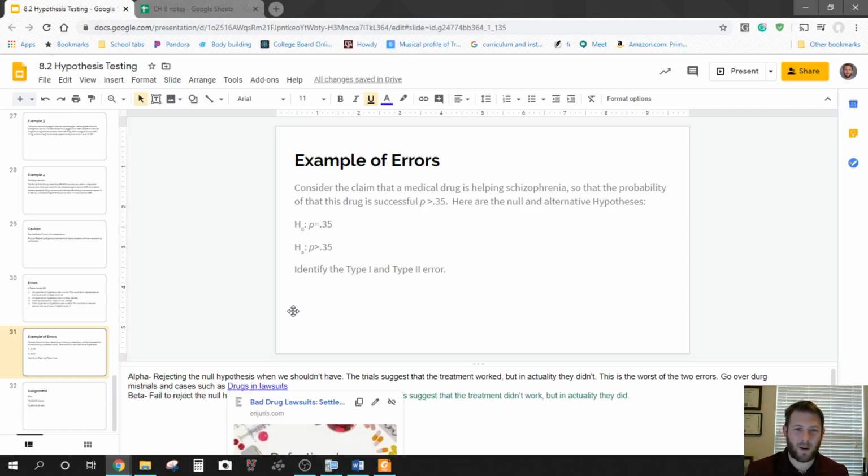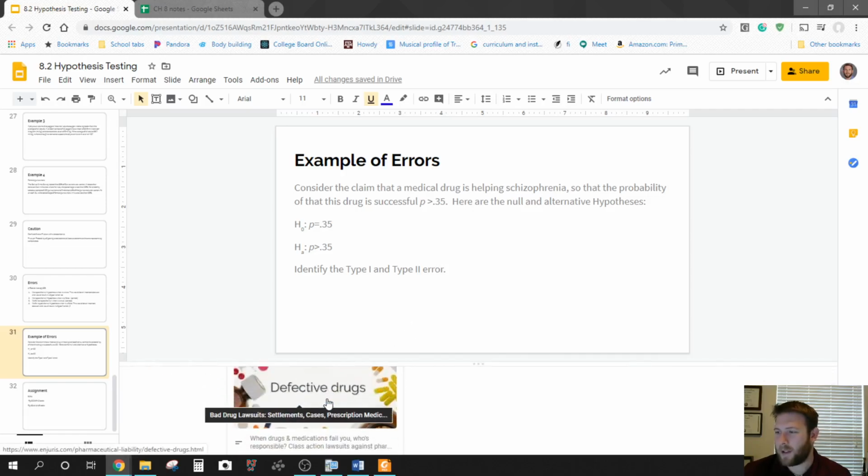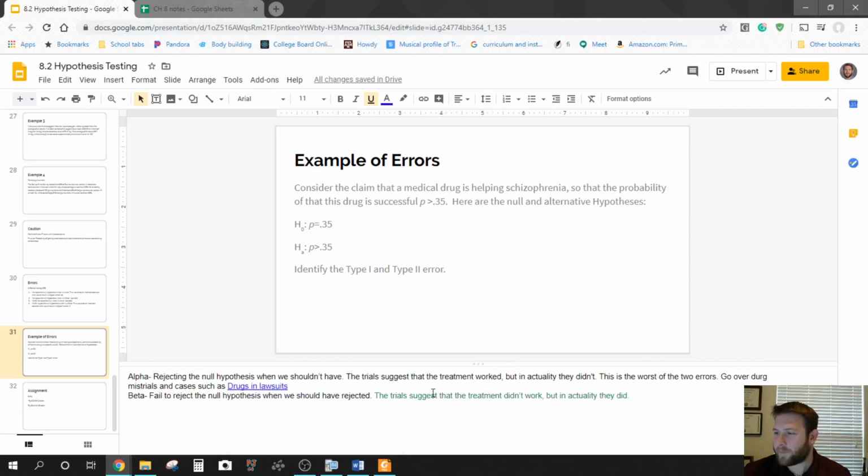It causes the liver to just stop working, or the kidneys stop working. Those would be negative side effects. So that's why these tests need to be done in randomized trials to make sure that our alpha is truly as small as possible. We're not saying this thing is going to cure it when it won't. So please go ahead and look at this lawsuit. It's a very interesting article to read.